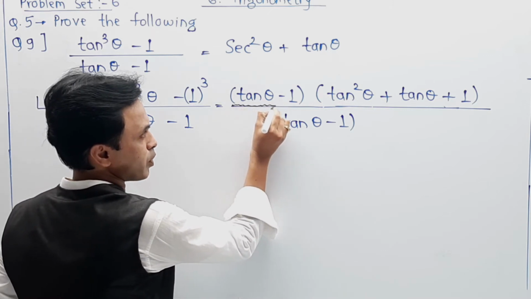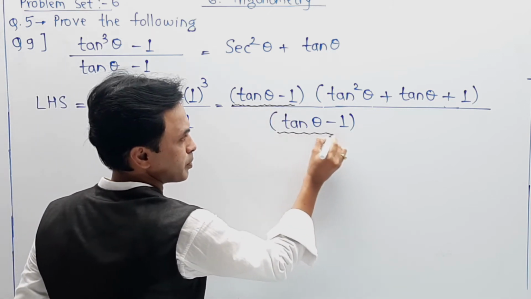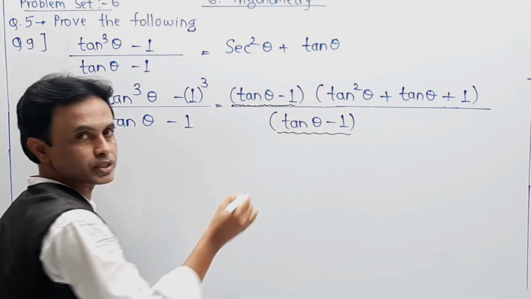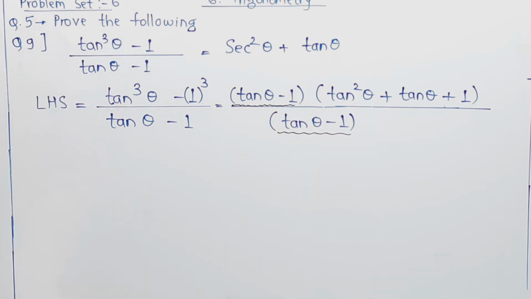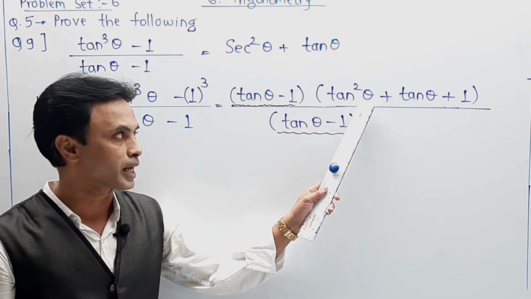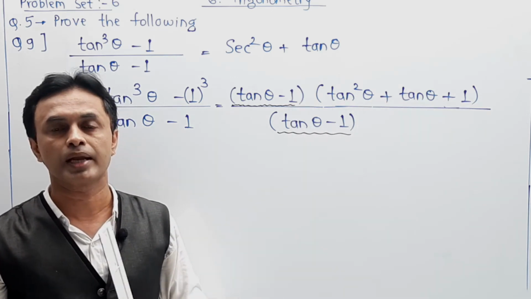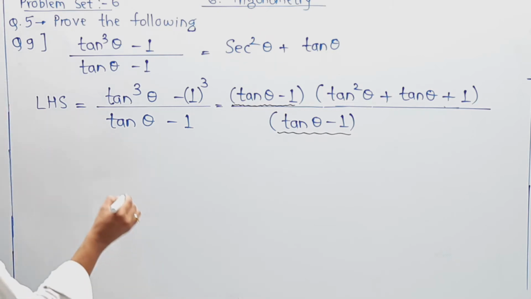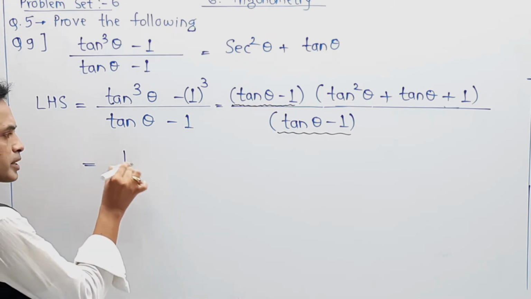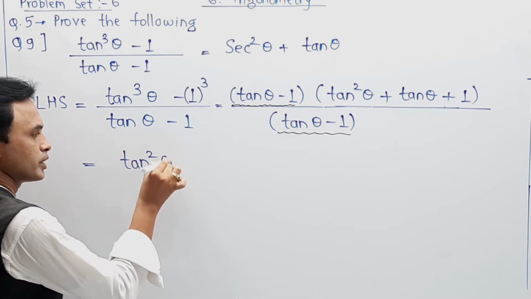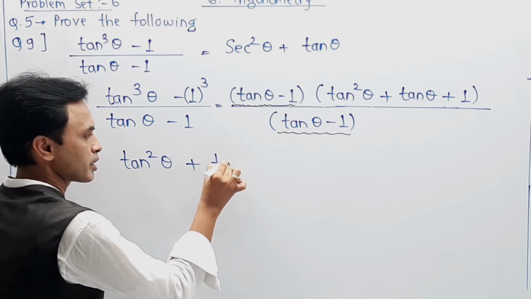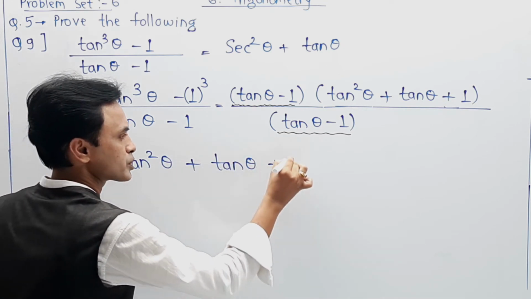So one from the numerator and one from the denominator cancel with each other, and the remaining step is tan square theta plus tan theta plus 1 in the numerator. So the remaining step is tan square theta plus tan theta plus 1.